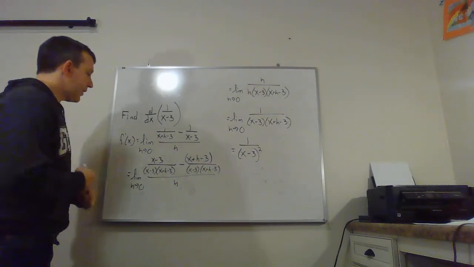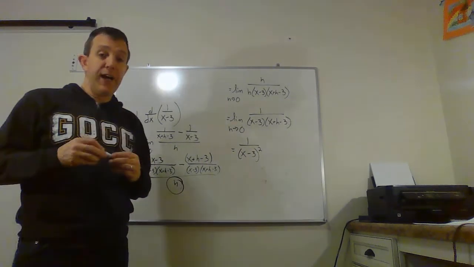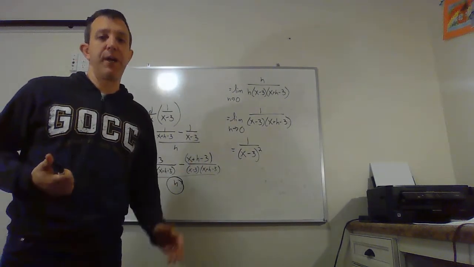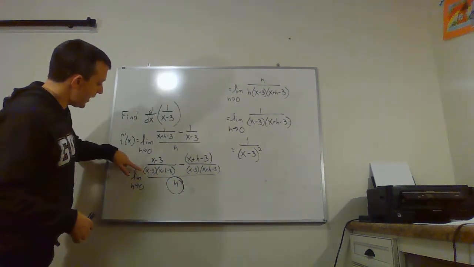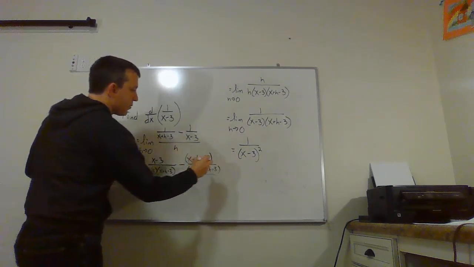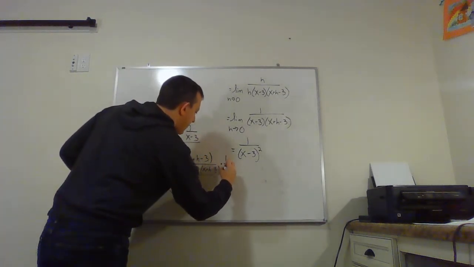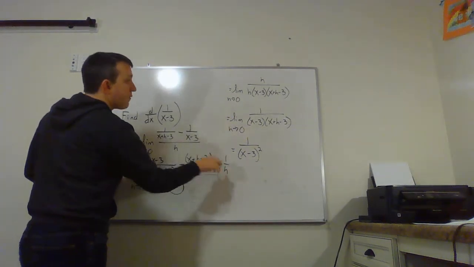The other important thing is this h on the bottom. Remember, dividing by something is the same as multiplying by 1 over that. So dividing by h is the same as multiplying this fraction by 1 over h.